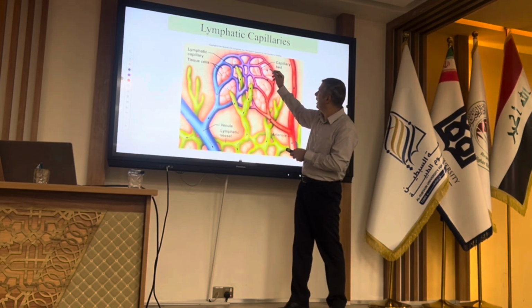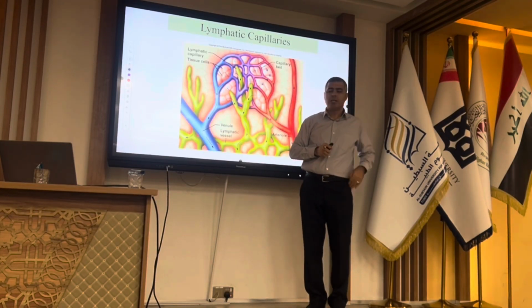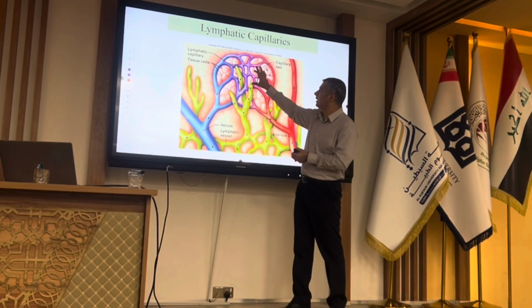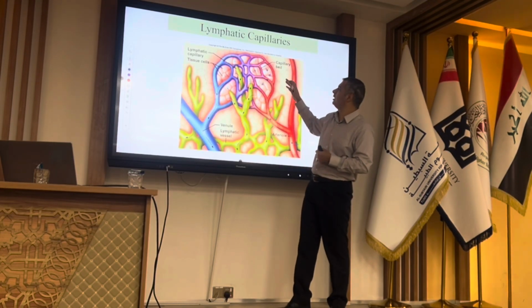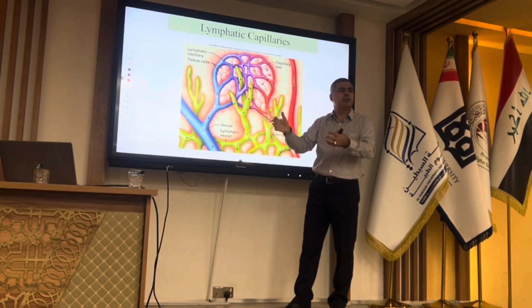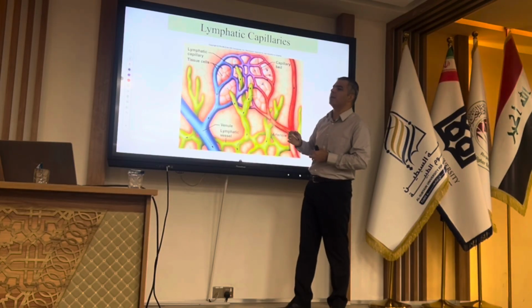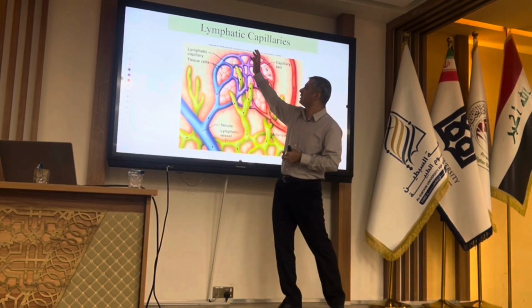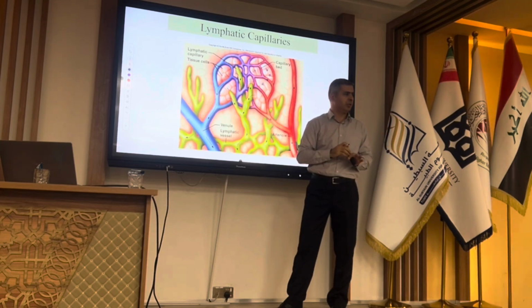For example, here we have interstitial fluid and some leukocytes. So, after feeding the cells of the tissue and bringing oxygen to them, the plasma that has less food has to be absorbed by the venules and veins. It's clear for you, I think.